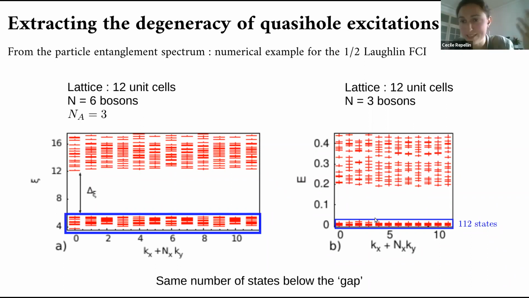As long as you're protected by a gap, I don't think disorder would change that story. We know this disorder would not localize those chiral 1D edges, so the topological order wouldn't change. Okay, thank you.